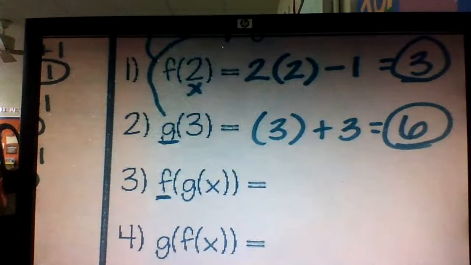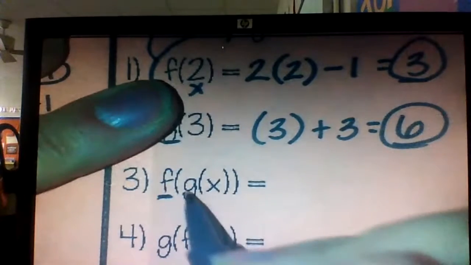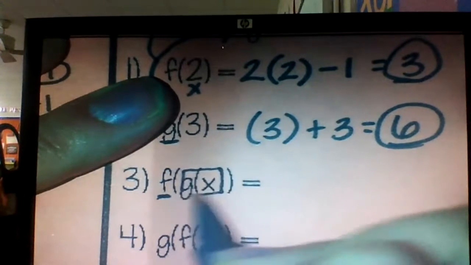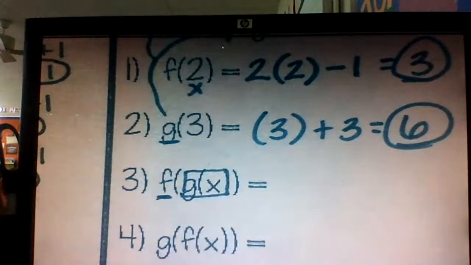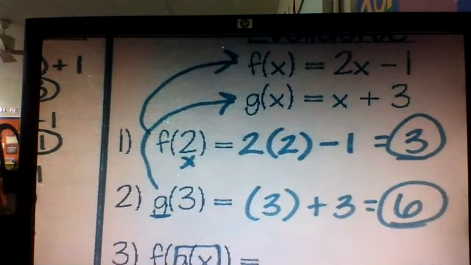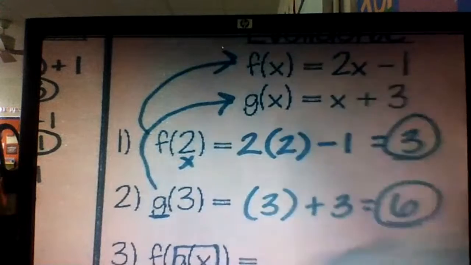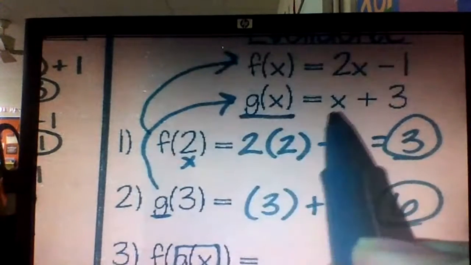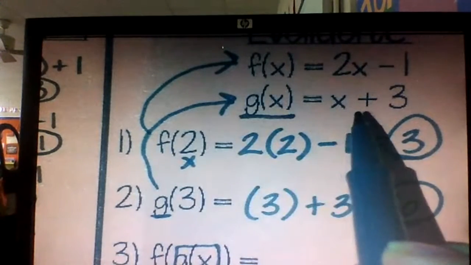Well, what's g of x? G of x. What is it? X plus 3.